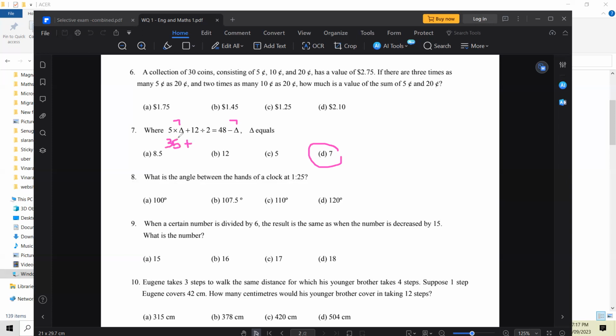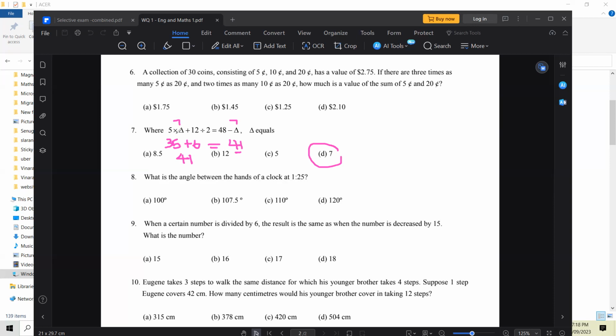Plus, I don't add 12 here. 12 divided by 2, 6. 41. Yeah, this one minus 41. Yeah, that's good. Now, use that operation.